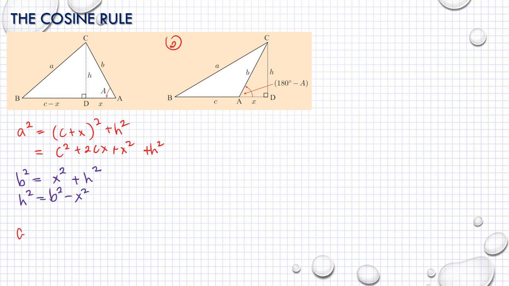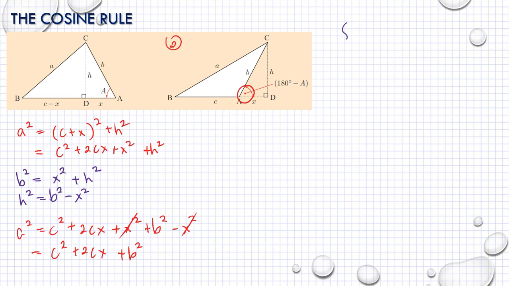Substituting, we have A squared is equal to C squared plus 2CX plus X squared plus B squared minus X squared. Then that is 0. Then we have C squared plus 2CX plus B squared. I don't need X, that's why I need to find the value of X using this angle.